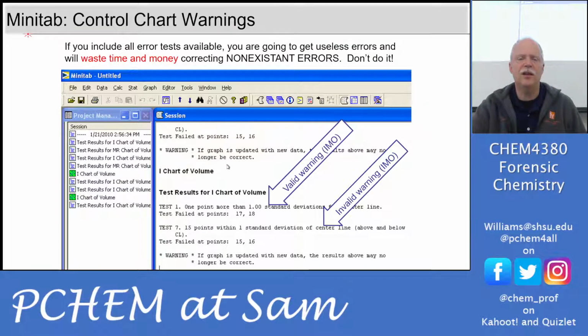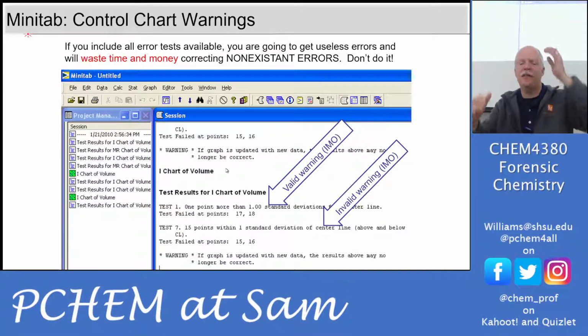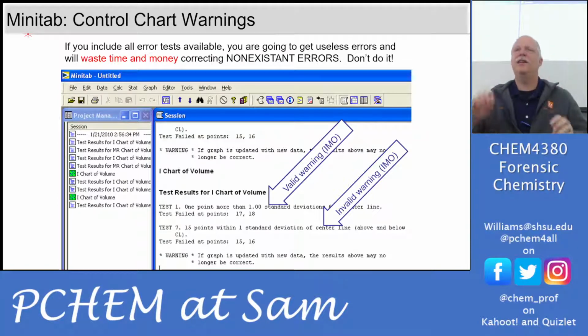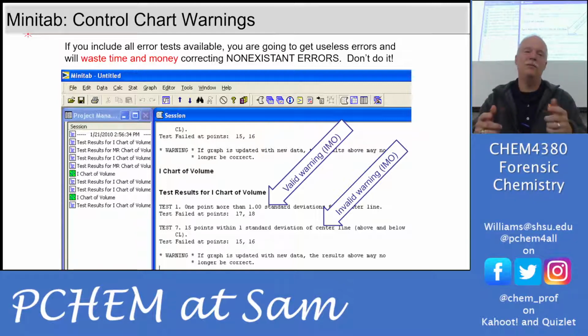So this is the session log. Minitab has this session log, which is really good for forensics, because if you're in Excel and you change the formula, there's no record of what the old formula was. There's no record of when you changed to the new formula. You could screw up your spreadsheets and there's no record of it. Whereas in Minitab, everything you do to the data, there's a log about it.